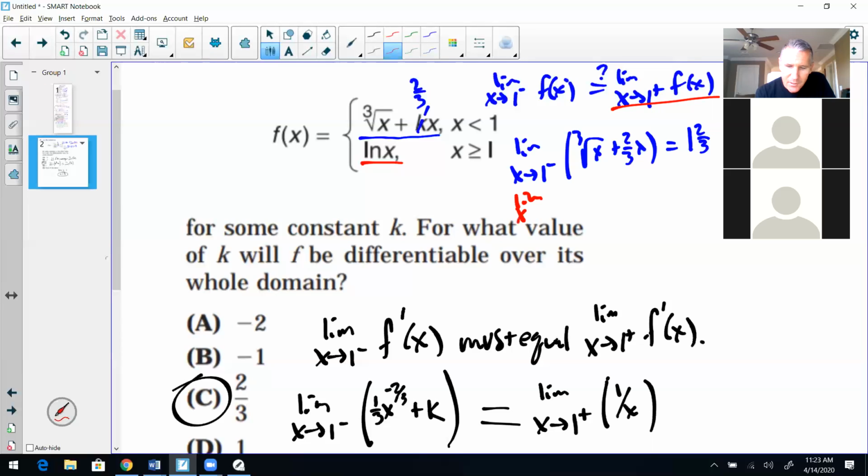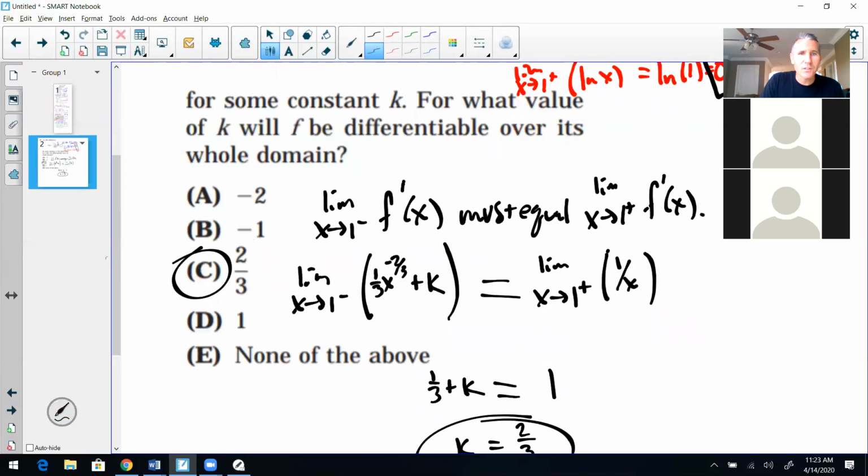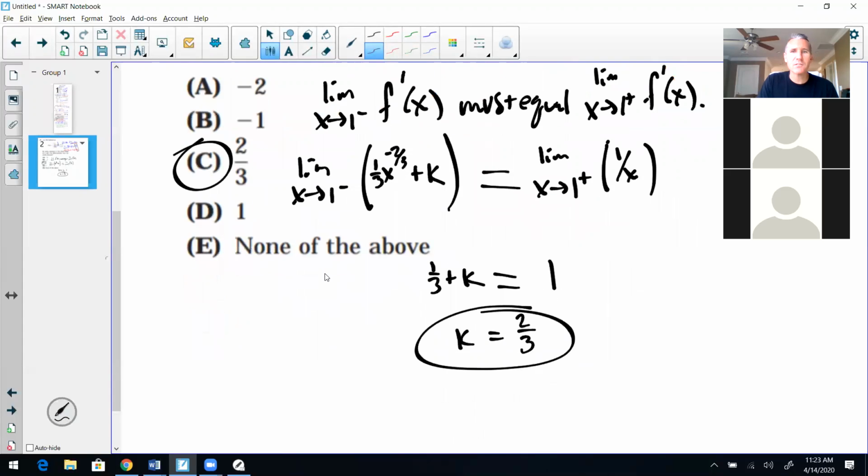The limit as x approaches 1 from the right of ln of x is equal to ln of 1, which is 0. These guys are not the same, which means that the function will not be continuous. And so if the function is not continuous, then the function will not be differentiable. So k equals 2/3, which is what they have for c, will make the derivatives be the same. However, the function is not continuous.